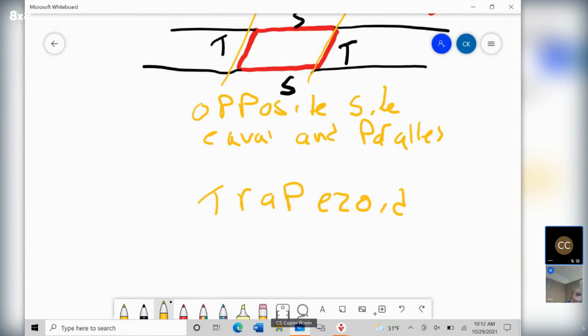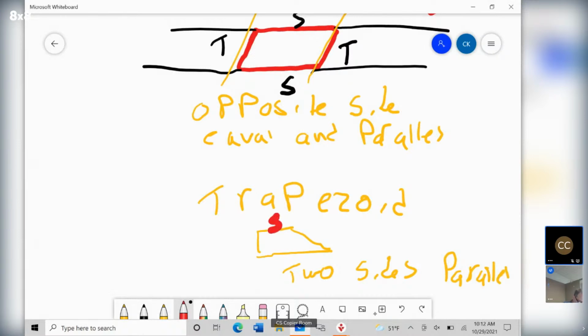A trapezoid would look something like this. And that just has two parallel sides. So if this is side S, those sides are going to be parallel forever. Just the bottom and the top would be parallel.